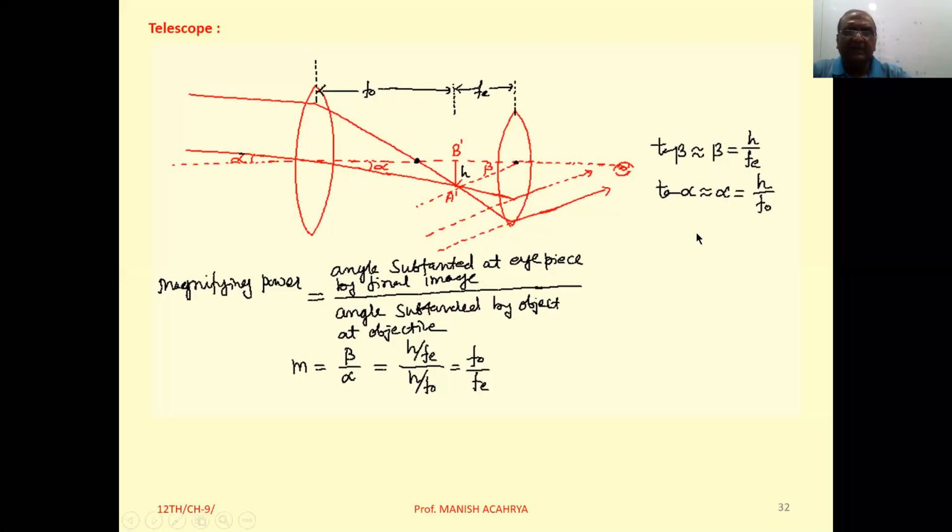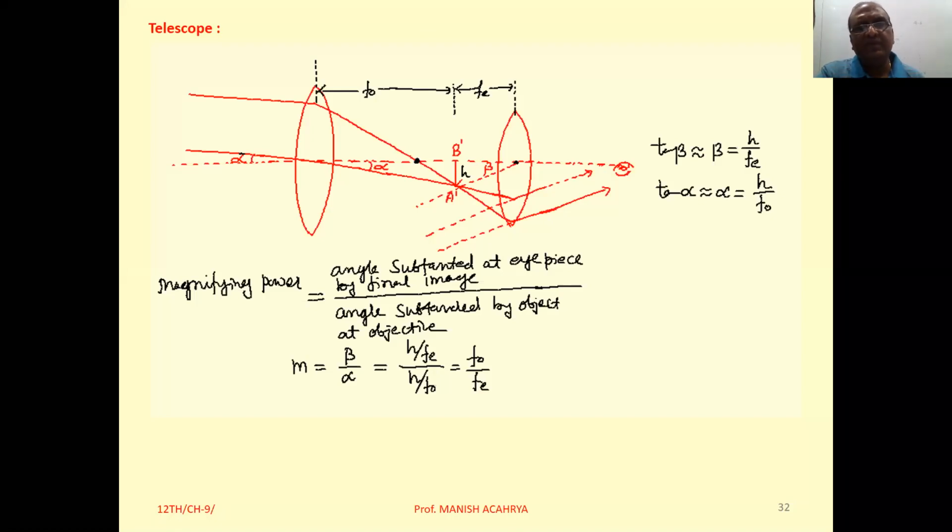Now see, in a compound microscope, we observe a very small object, magnified. The object is very close to the objective lens. But a telescope is also a lens system.